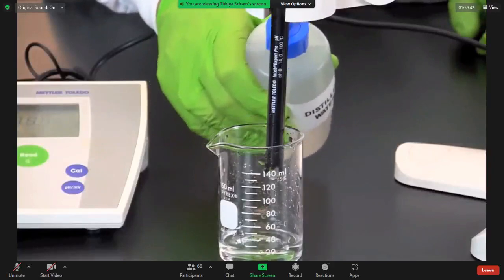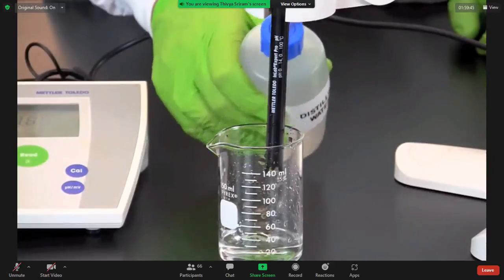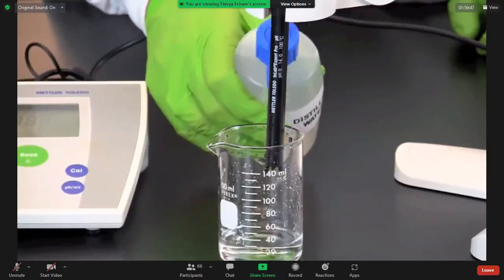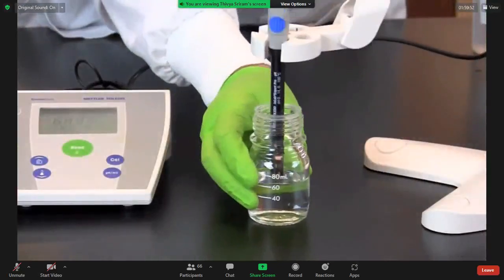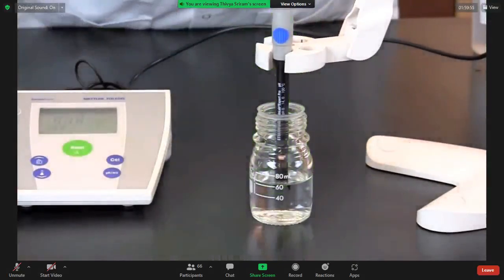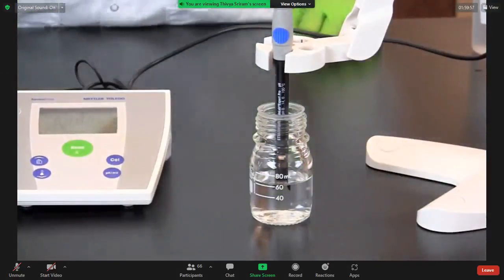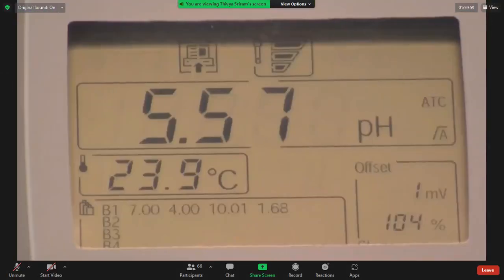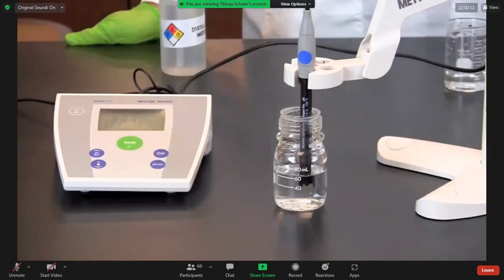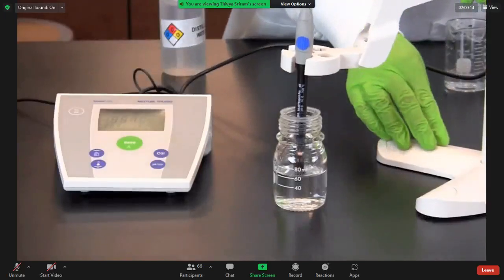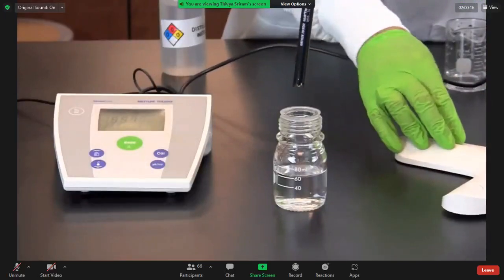You are now ready to measure the pH of an unknown solution. Place the unknown solution beneath the electrode and slowly lower the arm so that the electrode is fully submerged in the solution. This sample has a pH of 5.57 at a temperature of 23.9 degrees Celsius. Once the reading is complete, remove your sample.